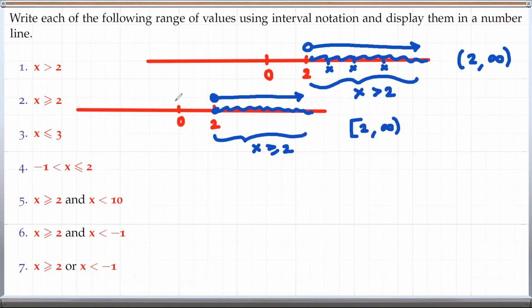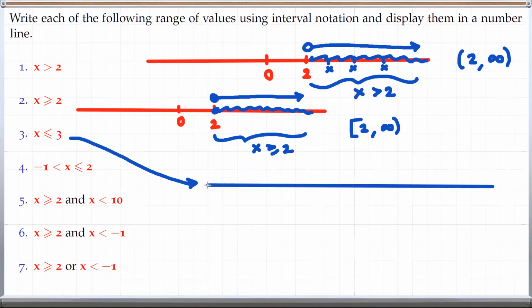Let's look at the third one now. So again, first, let me draw a number line. And we can place 0 anywhere here. And we are looking at all the real numbers less than or equal to 3.